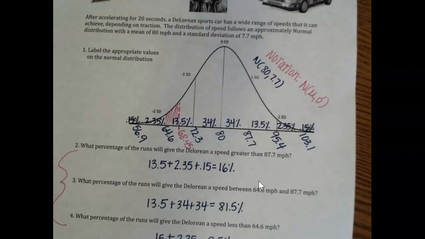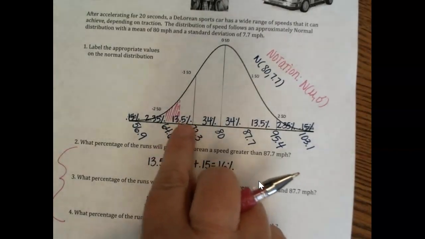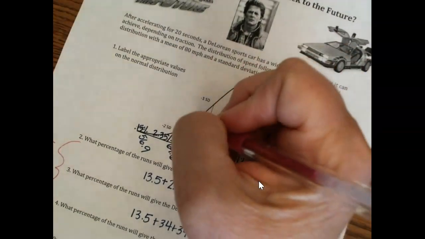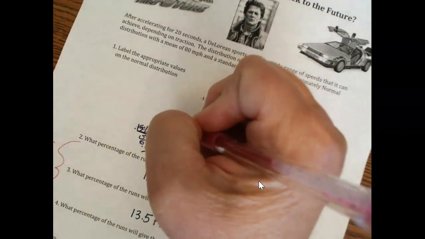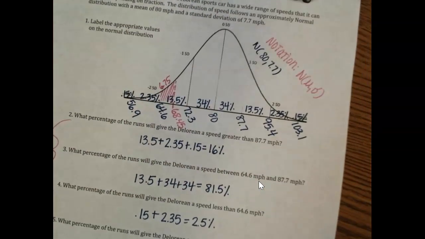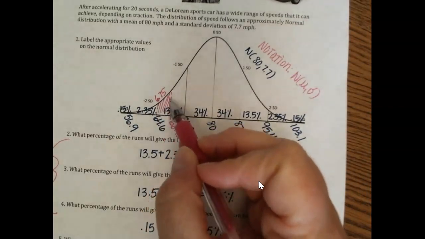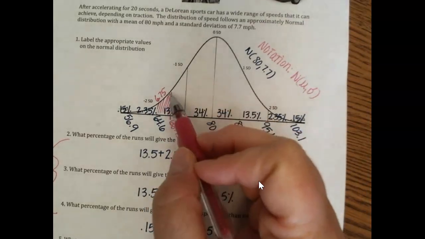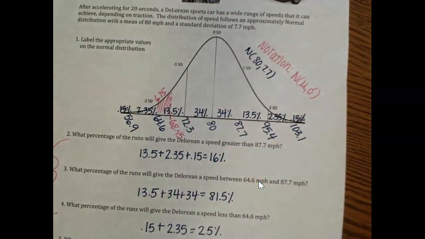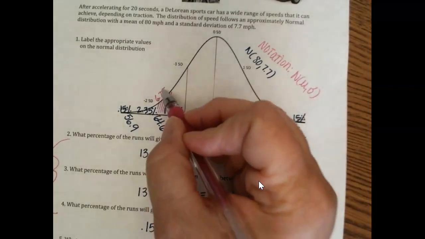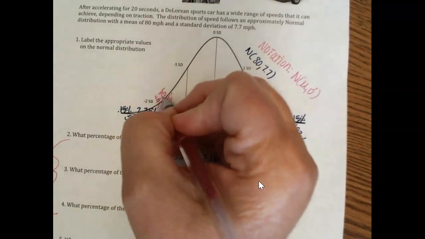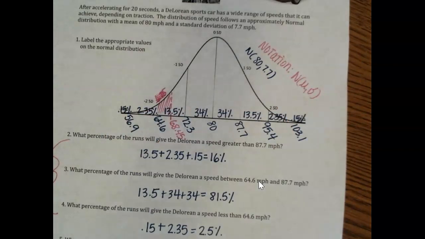Well, half of 13.5 would be 6.75, but that's not going to work because if we look, this section that I highlighted is not the same size as the section that I didn't highlight. That's the problem with a curve, okay? So we can't just estimate what half of it would be. So we're just going to cross that off.